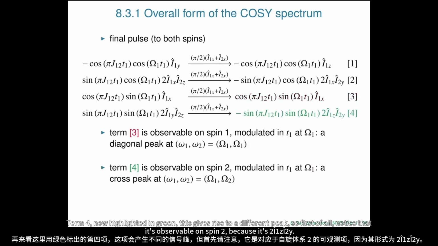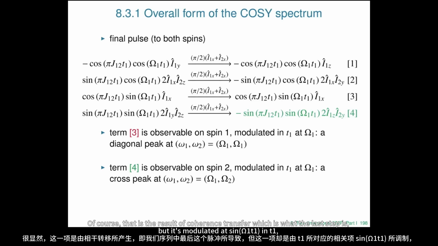Term 4, now highlighted in green, gives rise to a different peak. So first of all, notice that it's observable on spin 2, because it's 2I1Z, I2Y. Of course, that is the result of coherence transfer, which is what the last step is. But it's modulated at sine omega 1 T1 in T1.